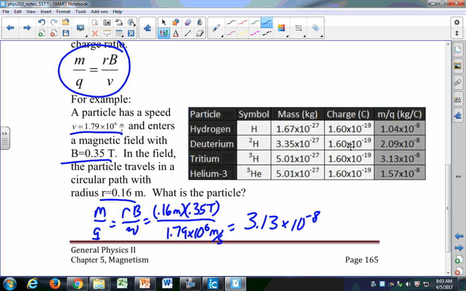And so you have some idea of what the particle is. So you go and look at the mass to charge ratios of the possible particles it could be, and you would pick out tritium here, because it has a mass to charge ratio of 3.13 times 10 to the minus 8 kilograms per coulomb. And so you determine that that particle has to be tritium.